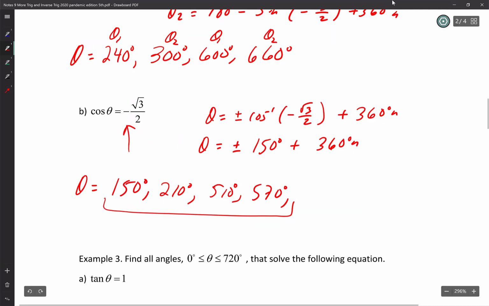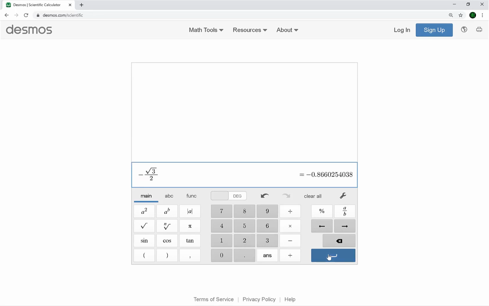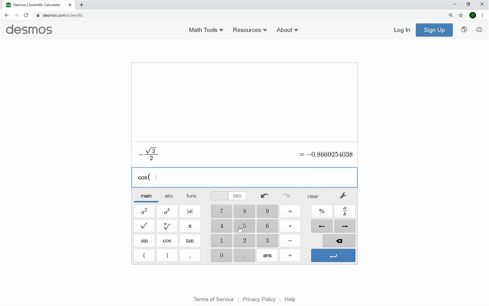If I go to Desmos, so here we go, guys. We already know what square root of 3 over 2 is because we did it a little while ago, but we'll do it just in case you don't believe. So let's try it. Cosine 150, enter. Look at that. Cosine 210, enter.